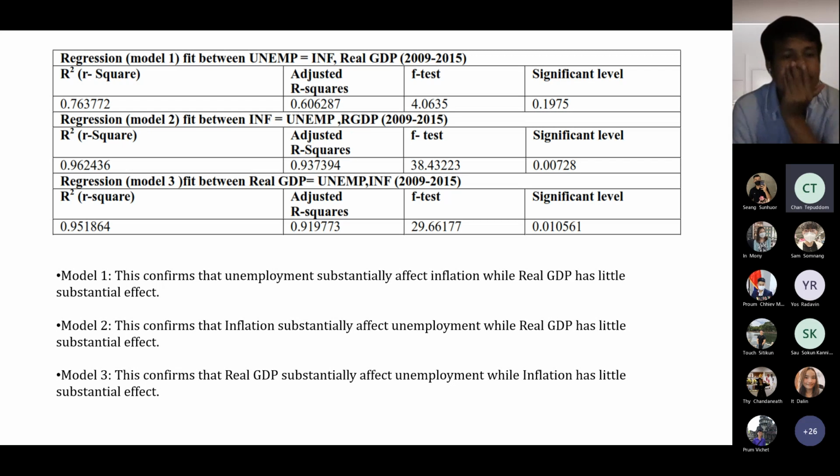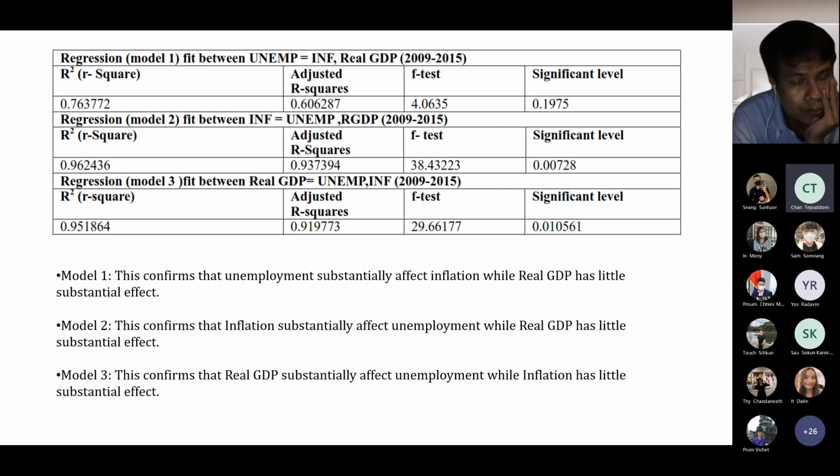The F-test value is greater than 0.1975, which indicates the rejection of the hypothesis. This confirms that unemployment substantially affects inflation, while GDP has little substantial effect.